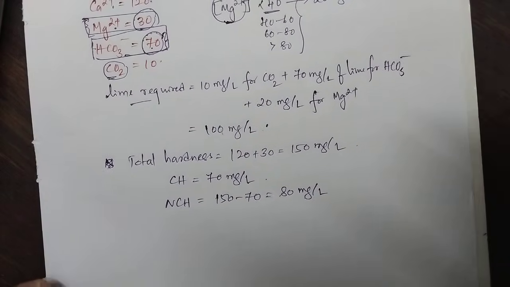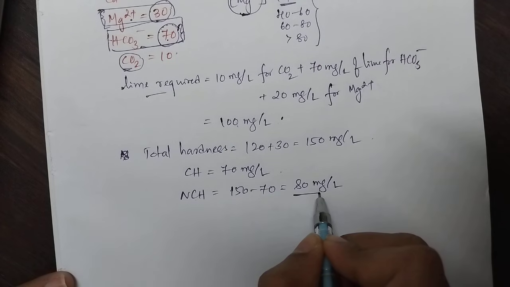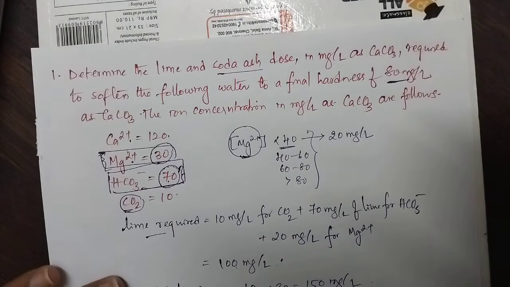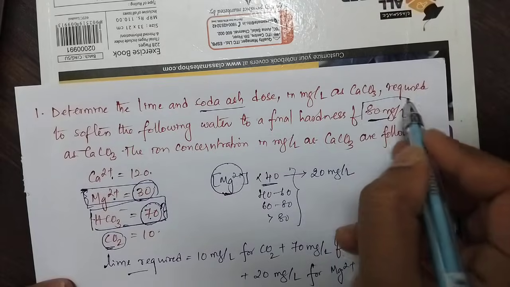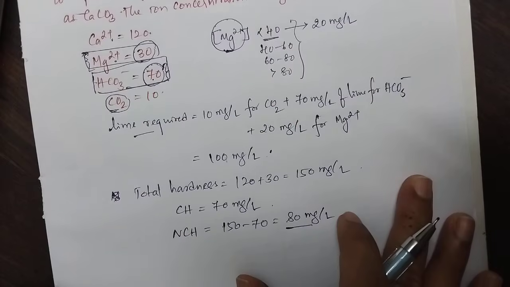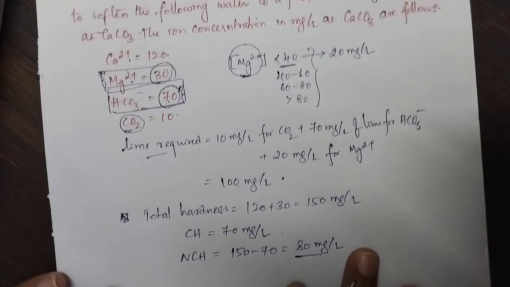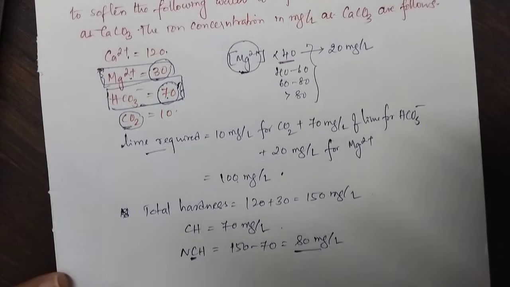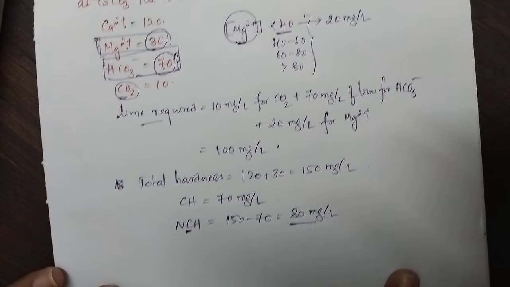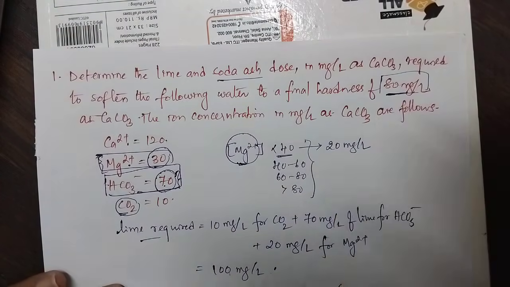But we don't need to remove the entire non-carbonate hardness because the final hardness we need to keep is up to 80 milligram per liter. We always try to first remove the carbonate hardness because removing non-carbonate hardness is expensive. But for removing non-carbonate hardness, there is a limit.